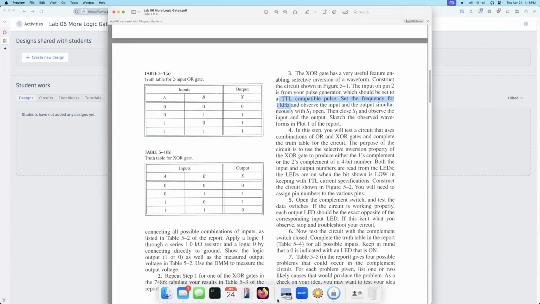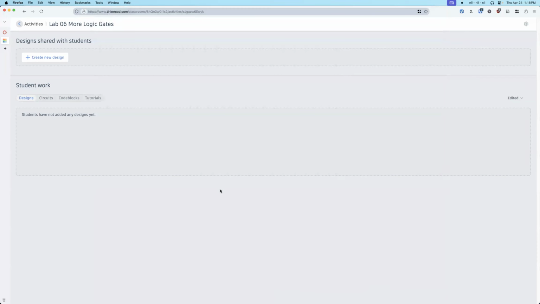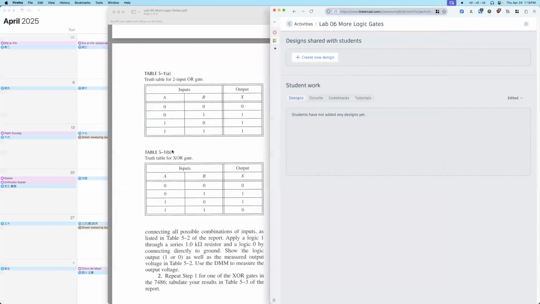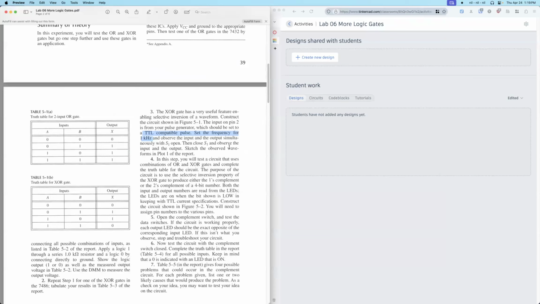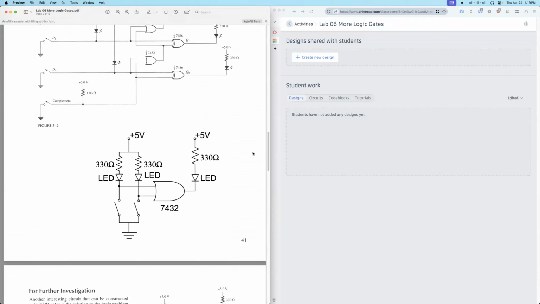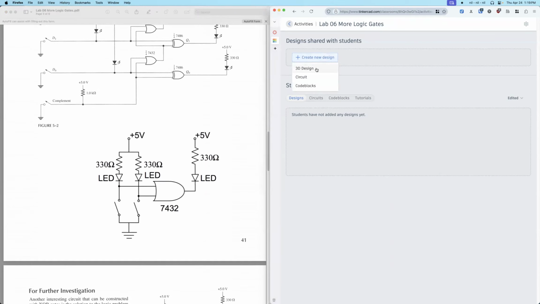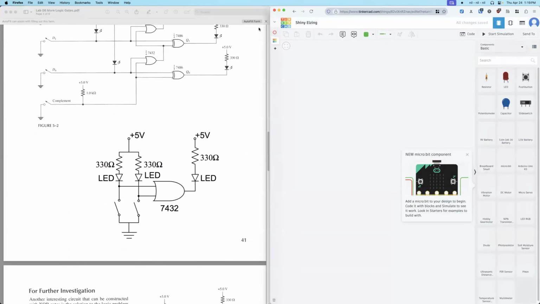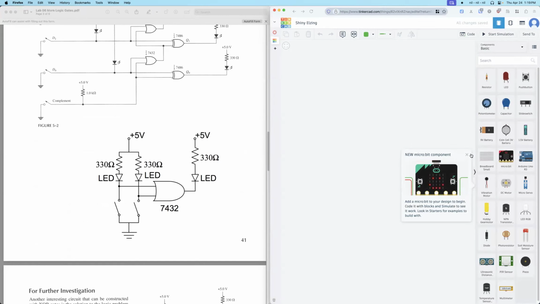Okay, so let me build this first. First one, 32. Close this.